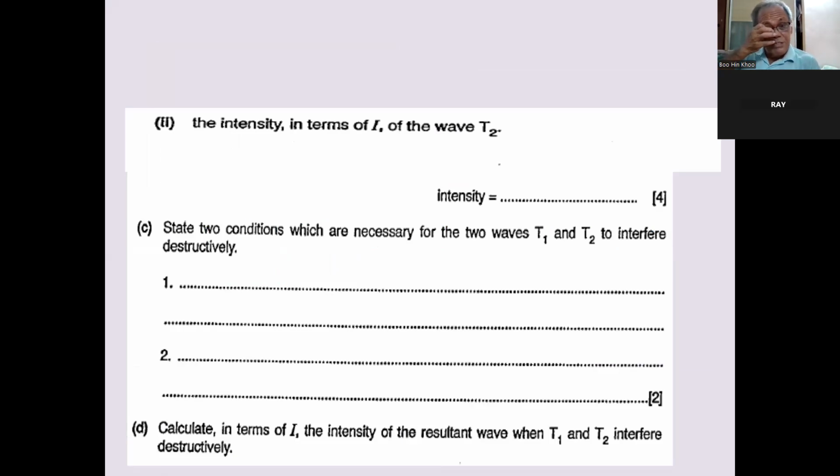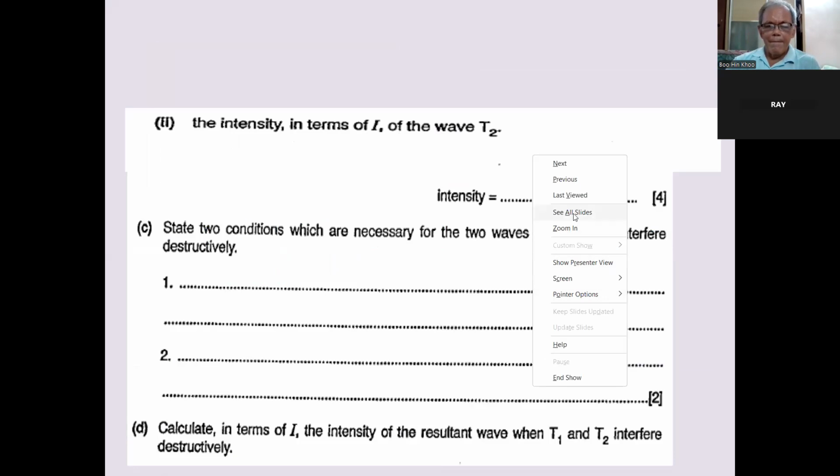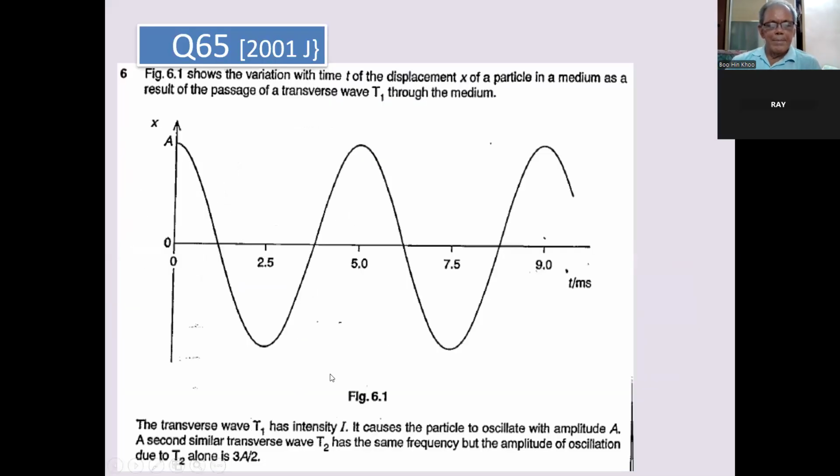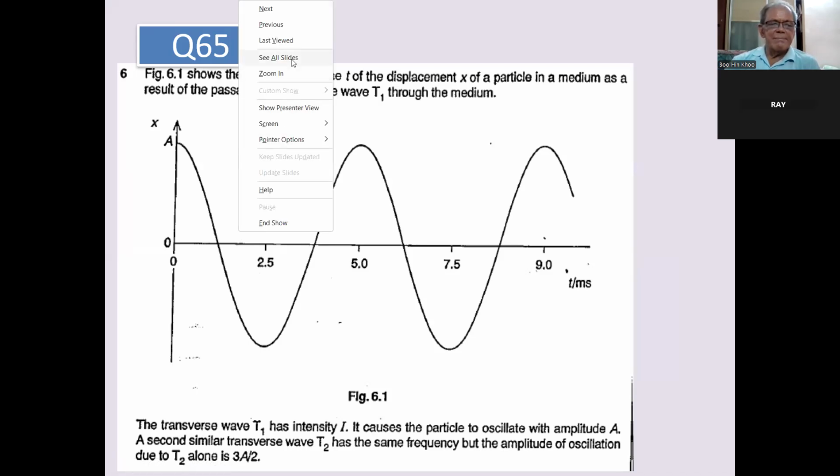Intensity in terms of I for wave T2. A second similar transverse wave T2 has the same frequency, but the amplitude of oscillation due to T2 is 3A over 2. 3A over 2, this is A. So what's the answer?